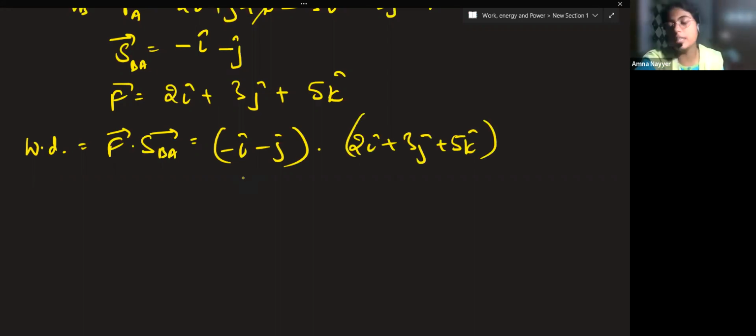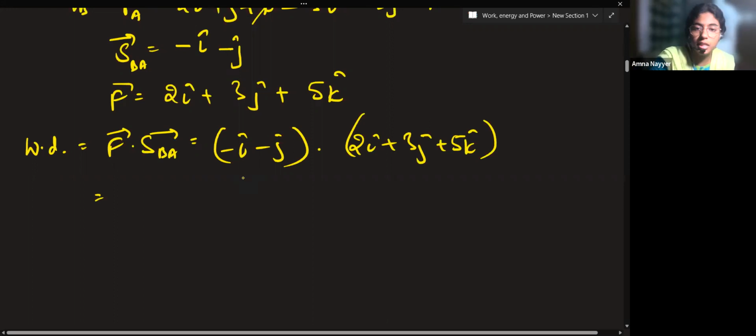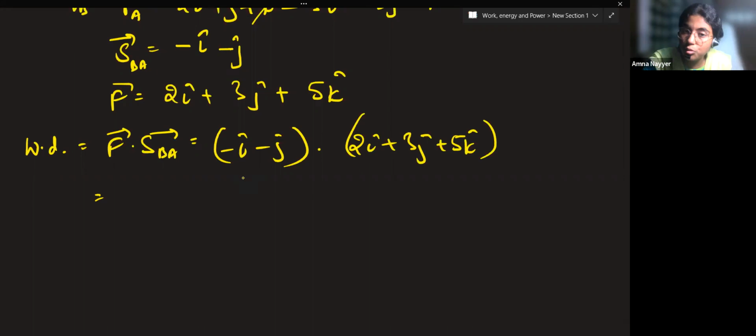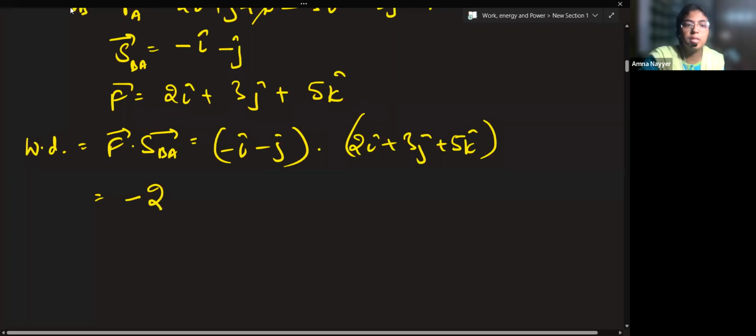So what did we study when we have the dot products in multiplication? Coefficients will get multiplied by the coefficients of the same term. Like coefficient of I gets multiplied with the coefficient of I in here. So here the coefficient is -1 and here the coefficient of I cap is 2. So 2 into -1 will be -2. Understood?